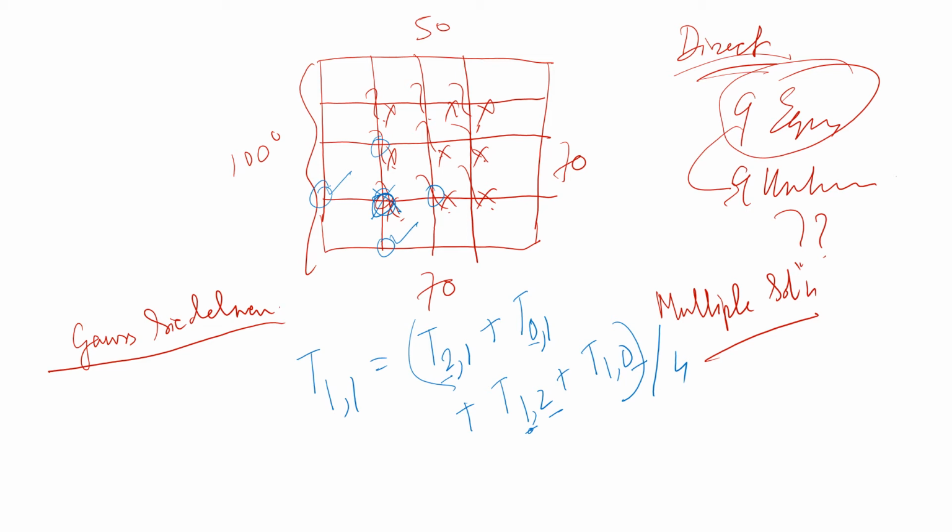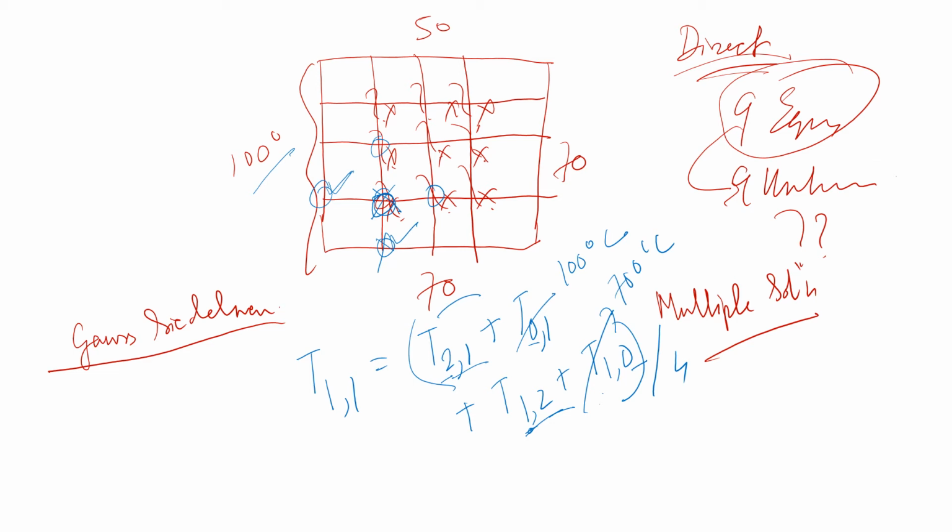So T01, that is this point, will be at 100 degrees centigrade, and T10 will be at 70 degrees centigrade, correct? Because this edge is at 100 degrees centigrade and this edge is at 70 degrees centigrade. So the unknowns are these two.